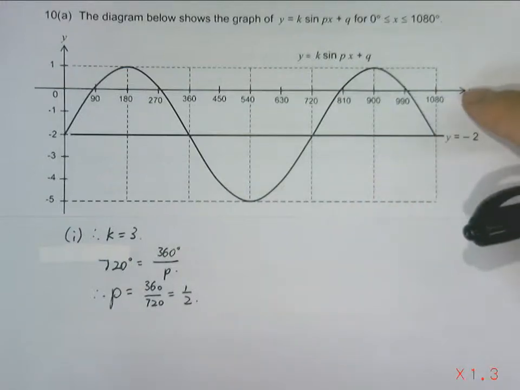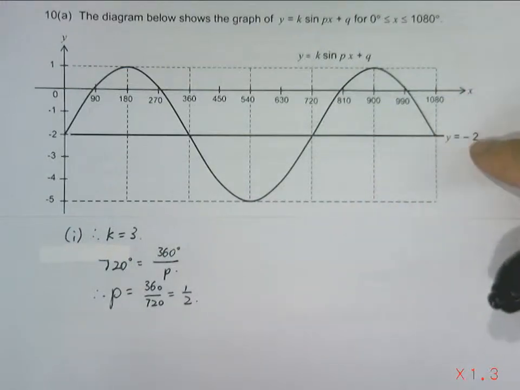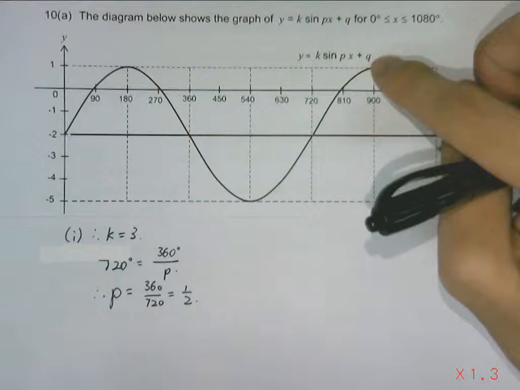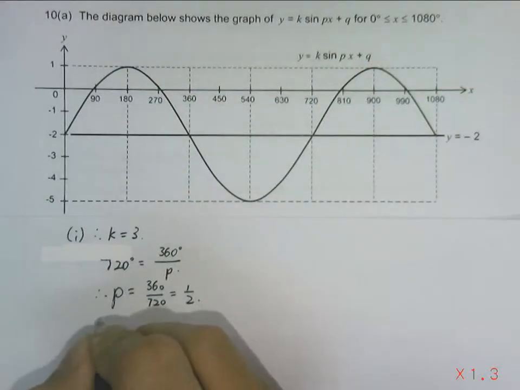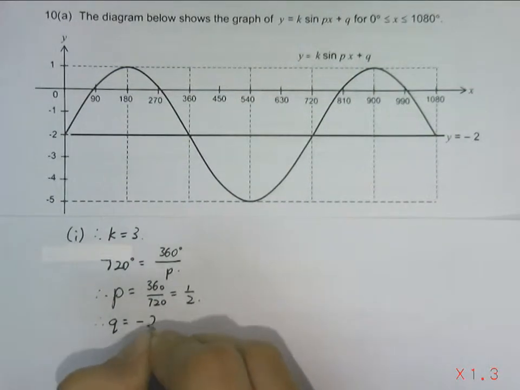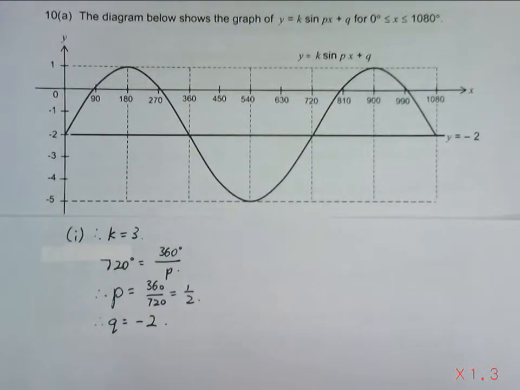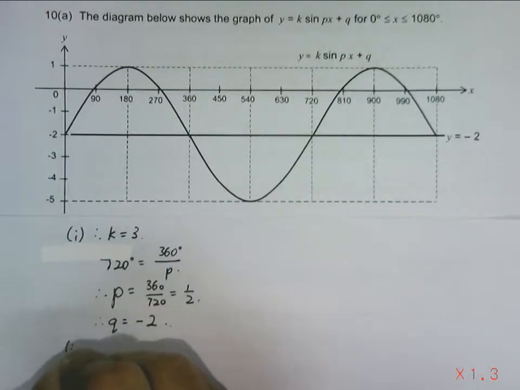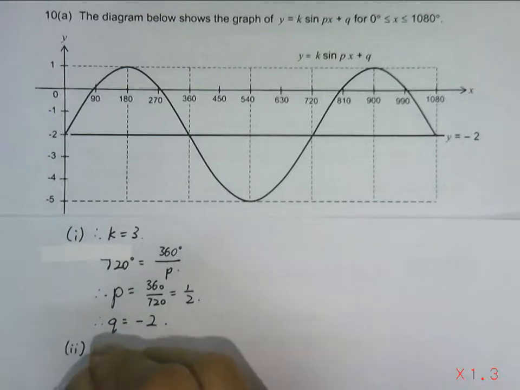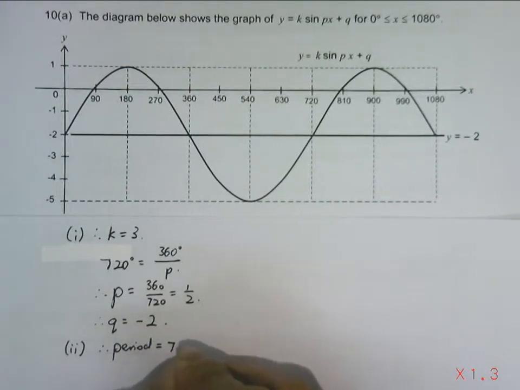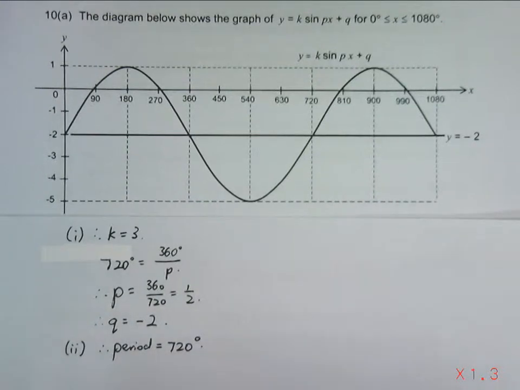So the difference is brought down by minus 2, which is accountable for this q. So the value of q is minus 2. So for part 2, we have solved that the period of the function is 720 degrees.